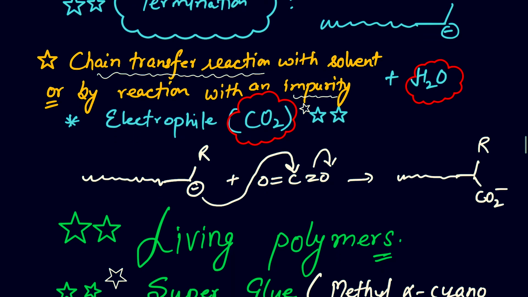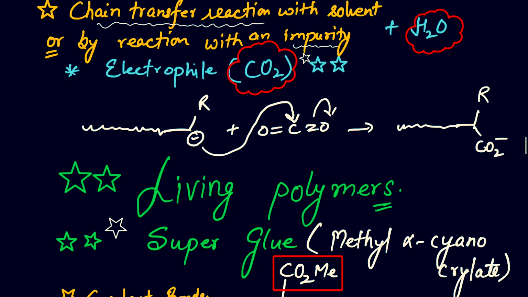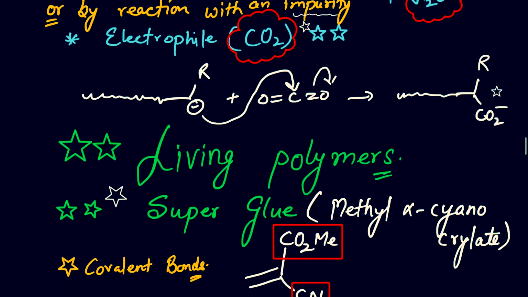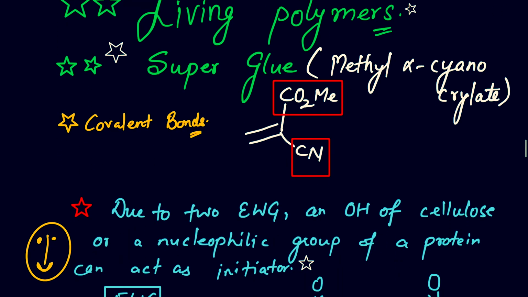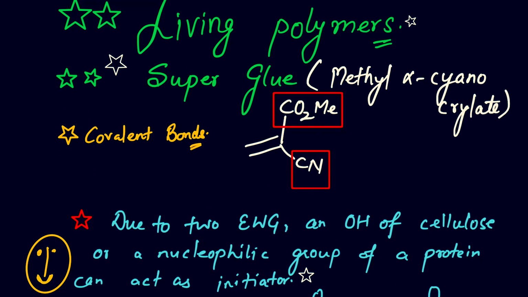But what is interesting to note here is that if you add further reagent, the process can restart itself. So that's why they are sometimes termed as living polymers. Superglue is an example of this category of polymer, which is basically methyl alpha cyanoacrylate.